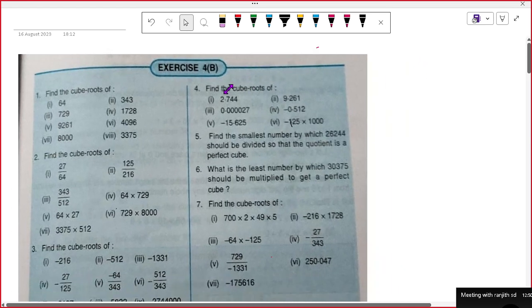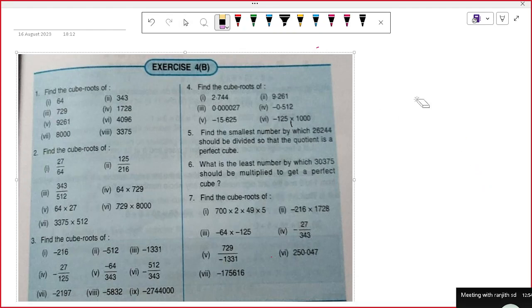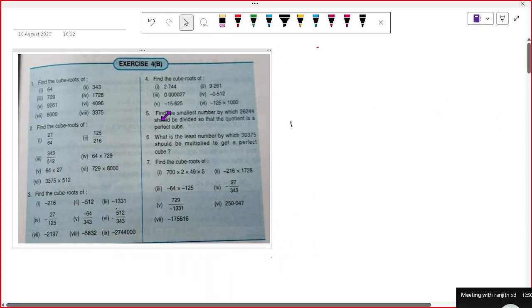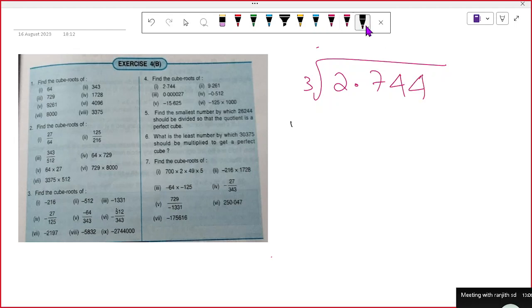2744. Sir, fifth question. Okay, try the first question. 2.744. Find the cube root of 2.744. And for cube root, will the value increase or decrease? When you're finding the cube root, the value will decrease, right?